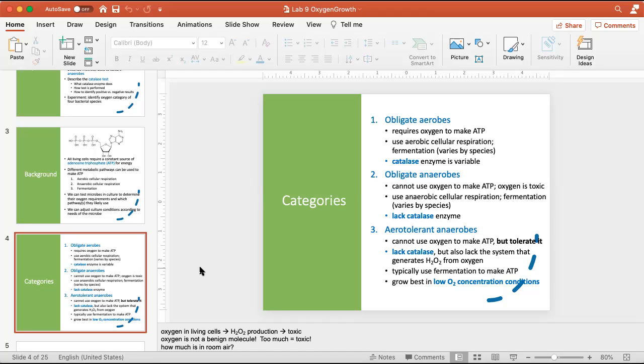reactions. You know, we think about oxygen as being this really great molecule because, of course, we need it to survive. But oxygen is not safe in large amounts over the long term. Oxygen is actually quite toxic.